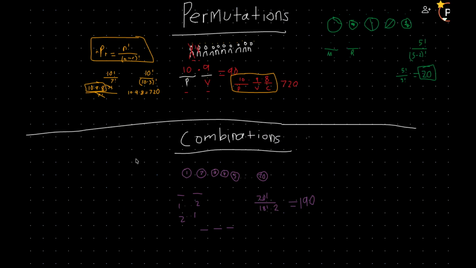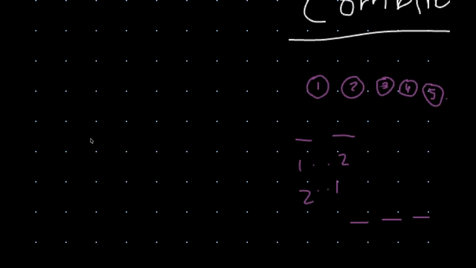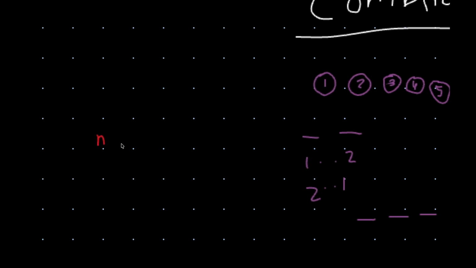So you would do n, which I've already said for the permutations is the amount of things to choose from.